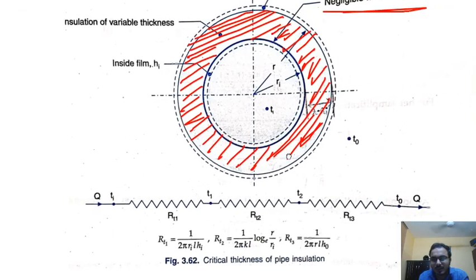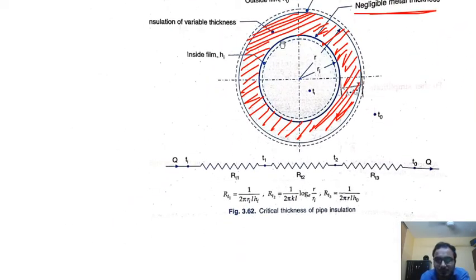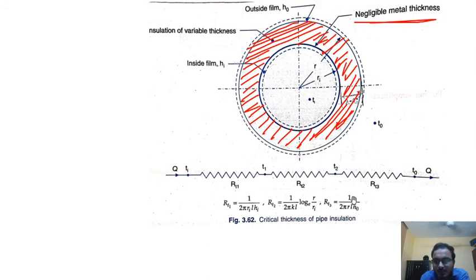Here this is the metal portion that is inside, which is of negligible thickness. As you can see in this diagram, first of all there is an inside film, because of which we get this resistance. Then there is an insulation part, which is a cylindrical layer, for which this is the resistance, and then we have the outer film Ho, for which this is the convective resistance.